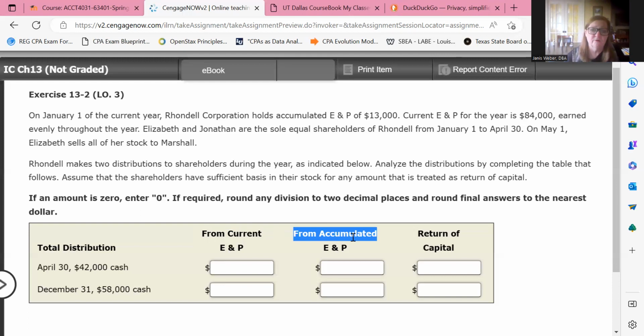So the rule is that the ordering goes, the E&P that's applied first is the current E&P, but it has to be prorated by all the distributions made during that period. So that 84,000 has to be allocated between these two distributions of 42,000 and 58,000. So between the two of them, we have to figure out what percentage each is of the total distributions, and we'll just apply that percentage times the 84,000 of current E&P.